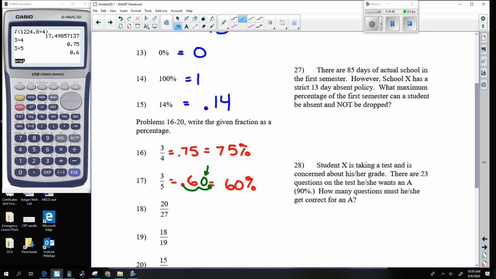Okay, 20 out of 27. 20 out of 27 is 0.7407. Move that 2 decimal places. That's 74.07%. 18 out of 19.